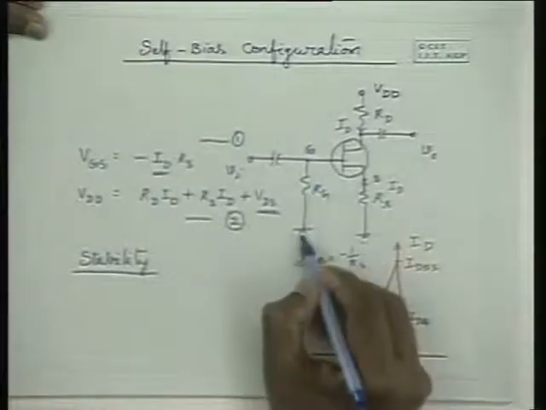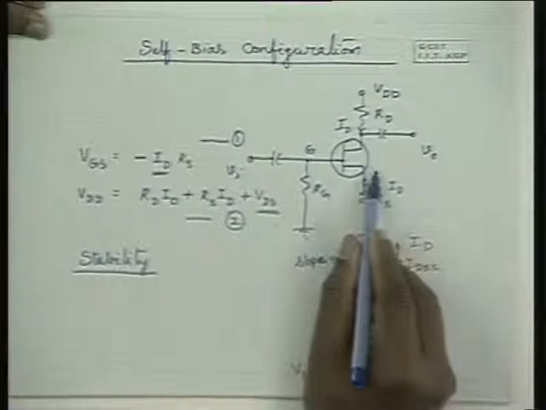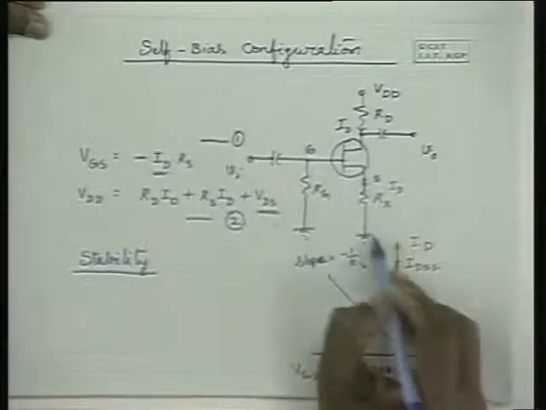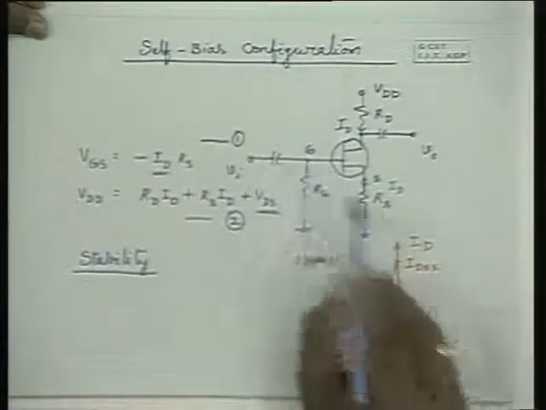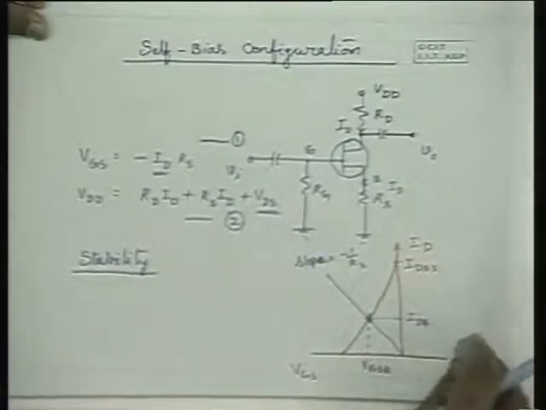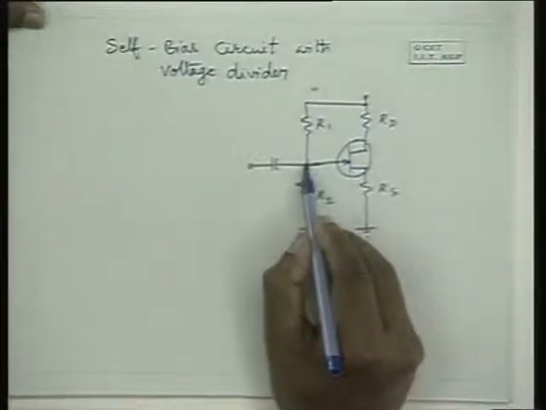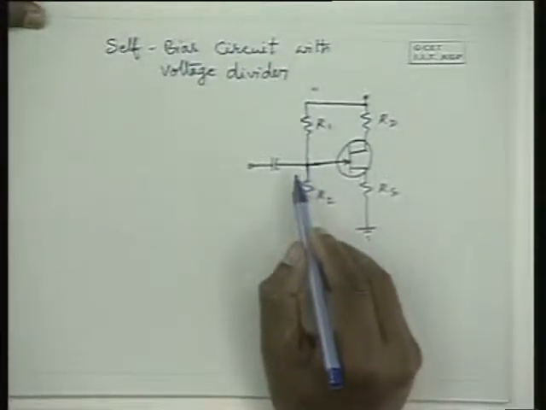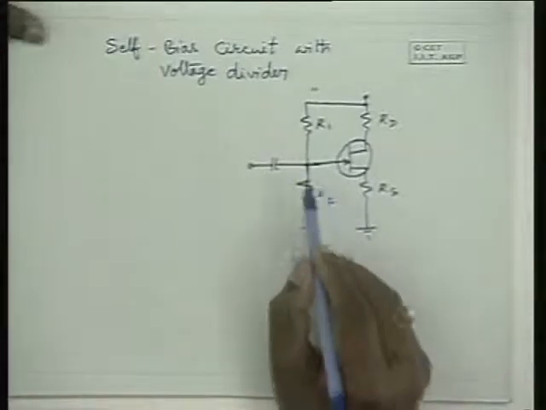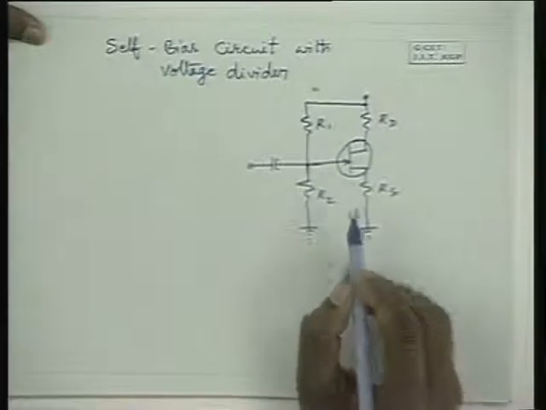Earlier, I repeat, gate was provided with zero bias. Source potential was increased through this arrangement, and that was responsible for some reverse gate to source potential. But here the gate potential is maintained at some constant level instead of zero level. That is the only difference between this circuit and the other circuit.